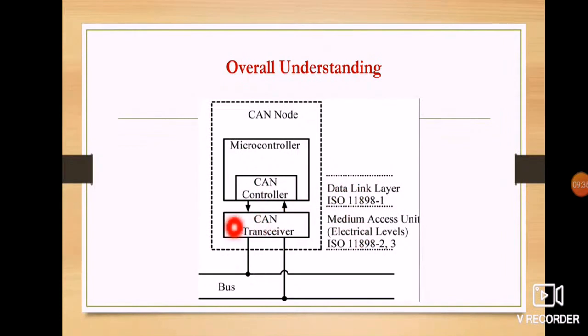The same way, the CAN transmitter and receiver are in the physical layer only, split as per the ISO standard. So this is the basic understanding you should have. Here we have the CAN bus, the CAN transmitter as well as receiver, that is the CAN transceiver, and here the CAN controller. This overall is called the CAN node. That's the overall understanding.